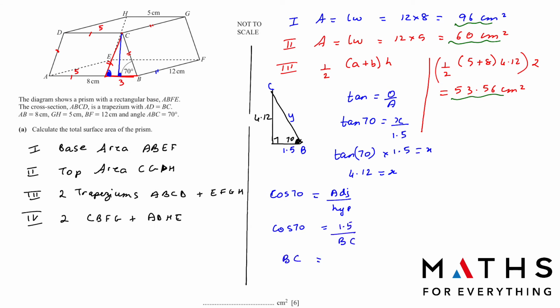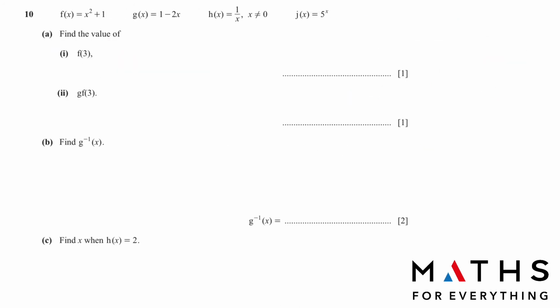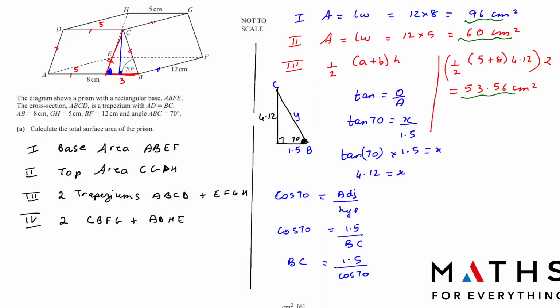Cross multiply. Sorry about that. We will get 4.385. So we can round it to 4.39.